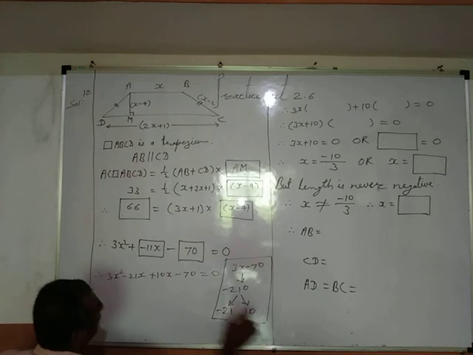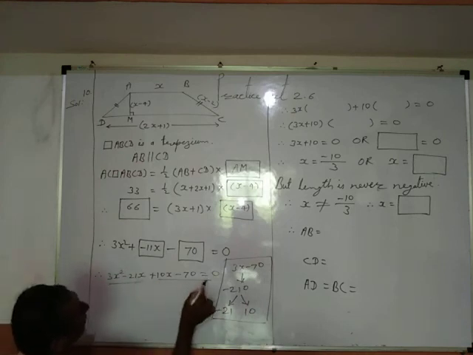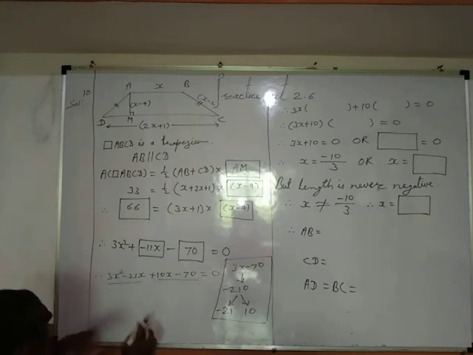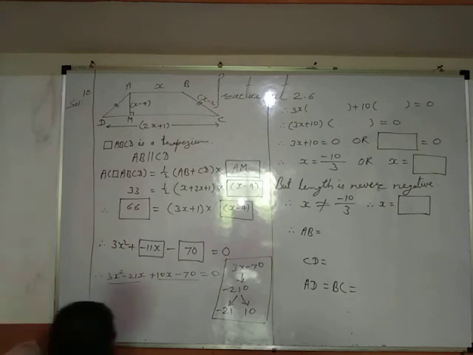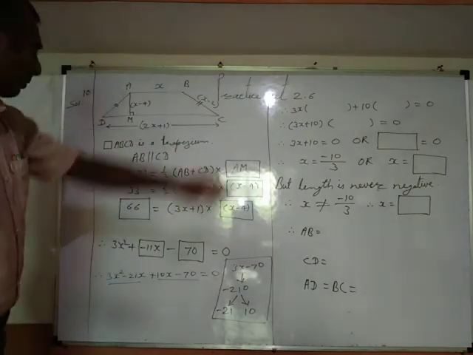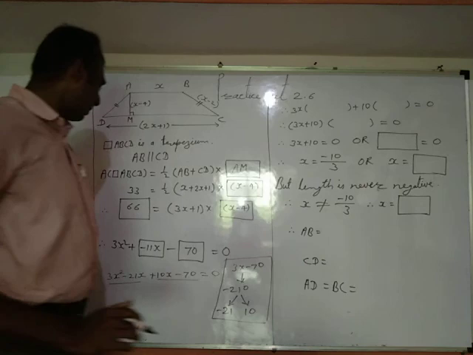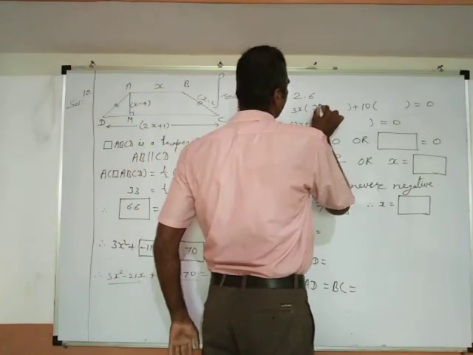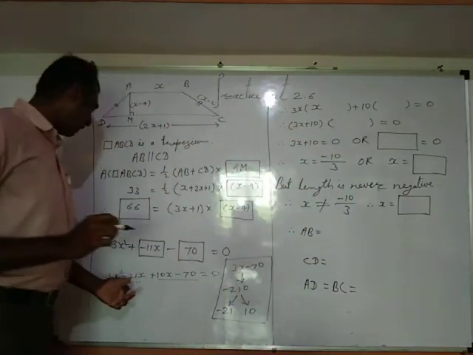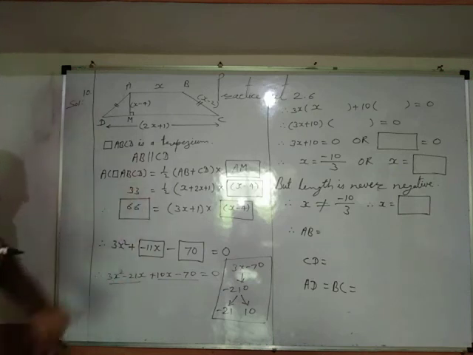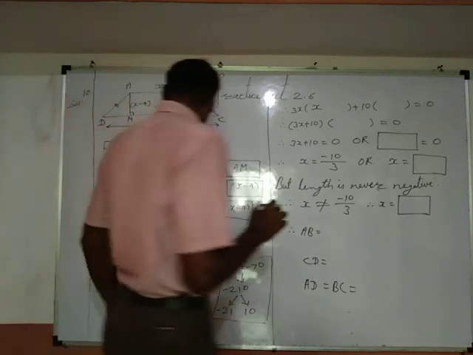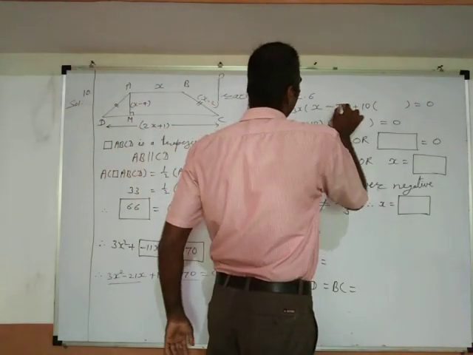Okay, now group the first two and the next two. From the first group we may take out 3x common. By taking 3x common, 3x square divided by 3x gives us x, and minus 21x divided by 3x, 3 7s are 21, means minus 7.